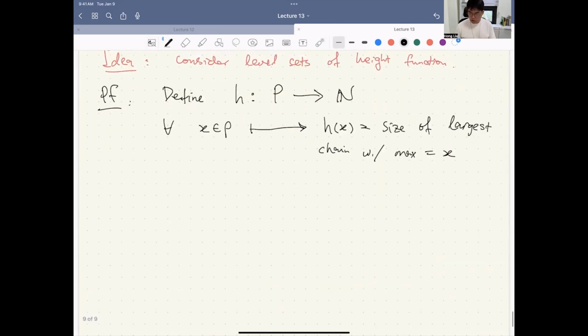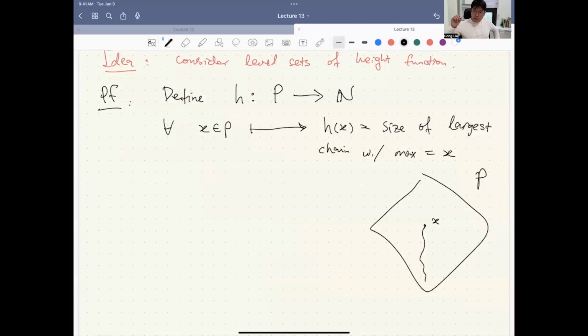Here's the picture. You have your poset P, and your x is somewhere here. You look at the longest chain which ends at x. And the number of elements in this chain is the height of x, some natural number by definition.